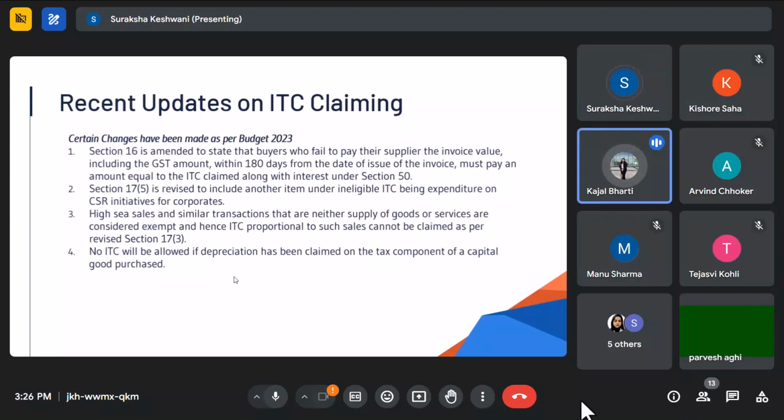Sir, where a registered person has claimed depreciation on the GST component of the cost of goods or capital and plant, under the provision the input credit on the said GST amount shall not be allowed. Definitely, because you have to claim depreciation only on the amount of the goods or the plant and machinery, and not on the GST.